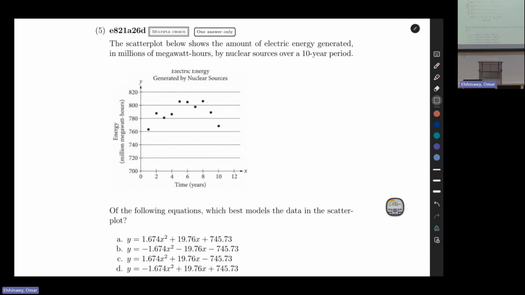You could try to plug this point in, roughly 790. 2 should give you 790-ish, for example. And look at this one, see which one it should be. But if you know what you're doing, you can actually do it in much less time.